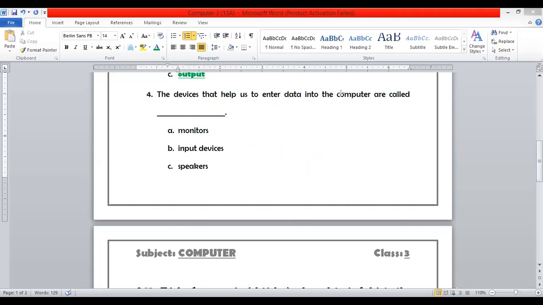Everybody focus on the words enter data into the computer. It means something is going inside the computer. The data is going inside the computer. So those devices are called what? Monitors, input devices, or speakers?